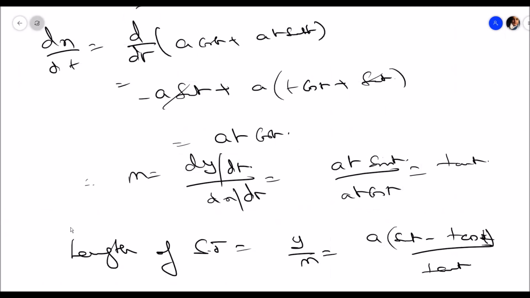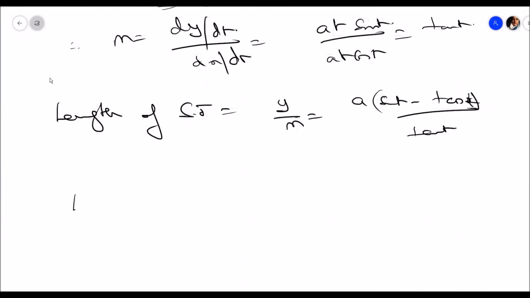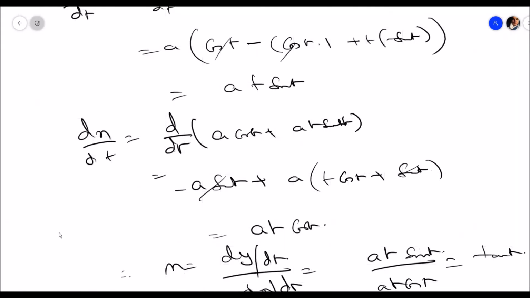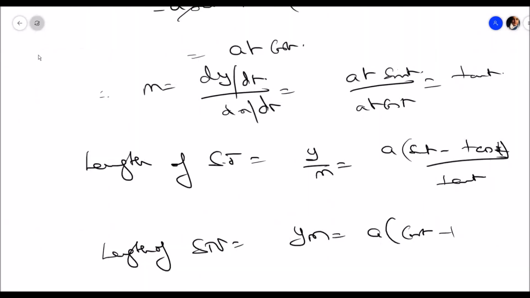That is the length of the subtangent. And what about the length of the subnormal? It is equal to y into m, which is a into sin t minus t cos t into tan t.